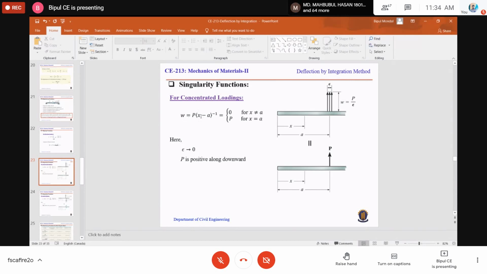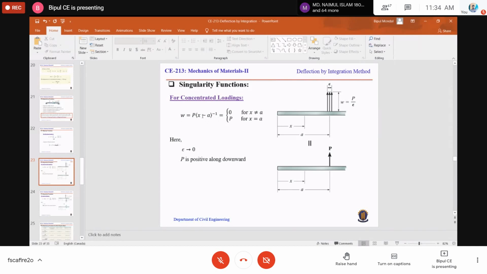And if x is equal to a, then W will be P. Okay, that is the criteria. That means when x is either less than or greater than a, then W will be 0.